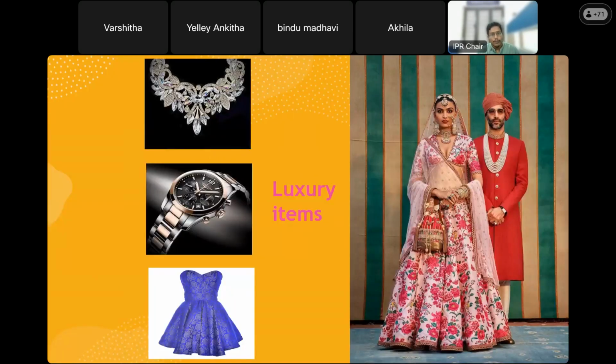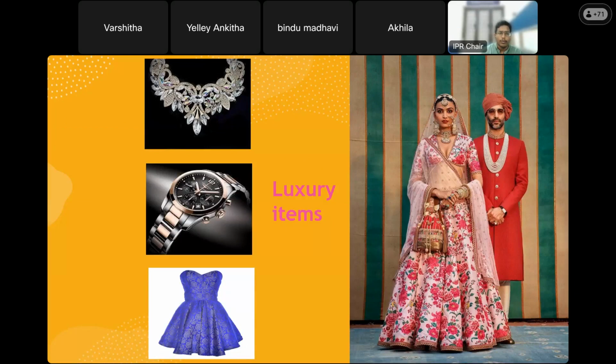And also you can see there are so many luxury items, and mostly the consumer will decide based on the aesthetic appeal, based on how it looks, so how good the design is.